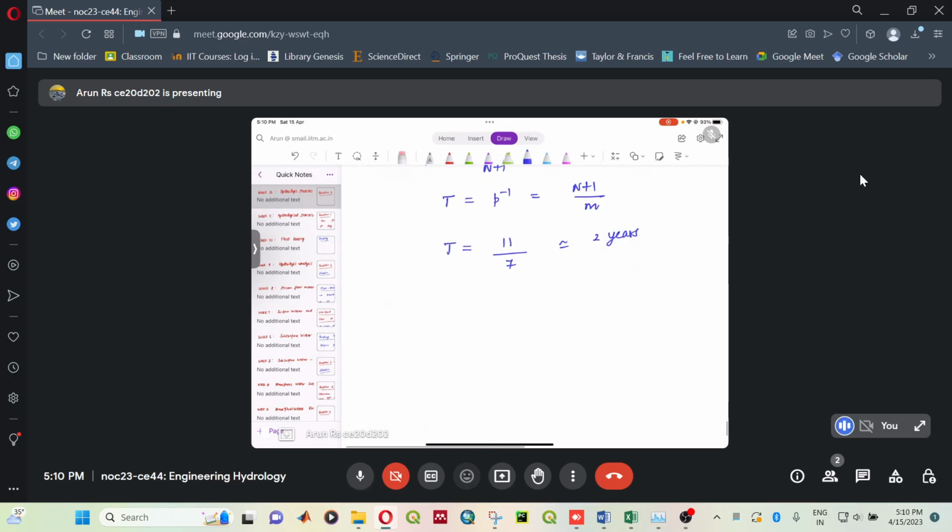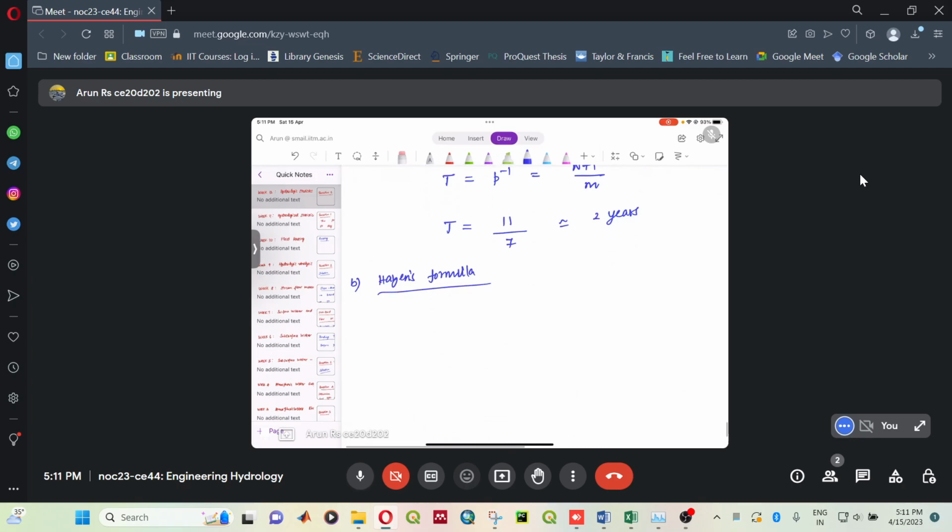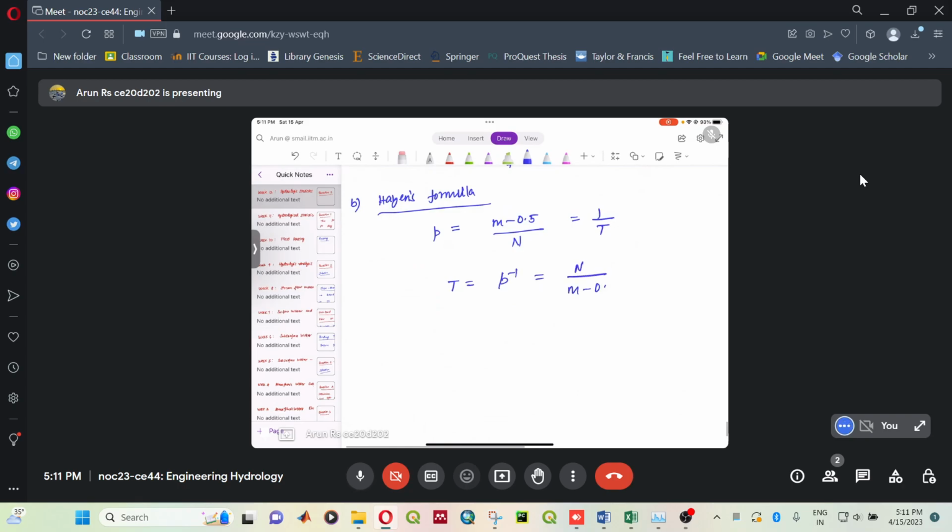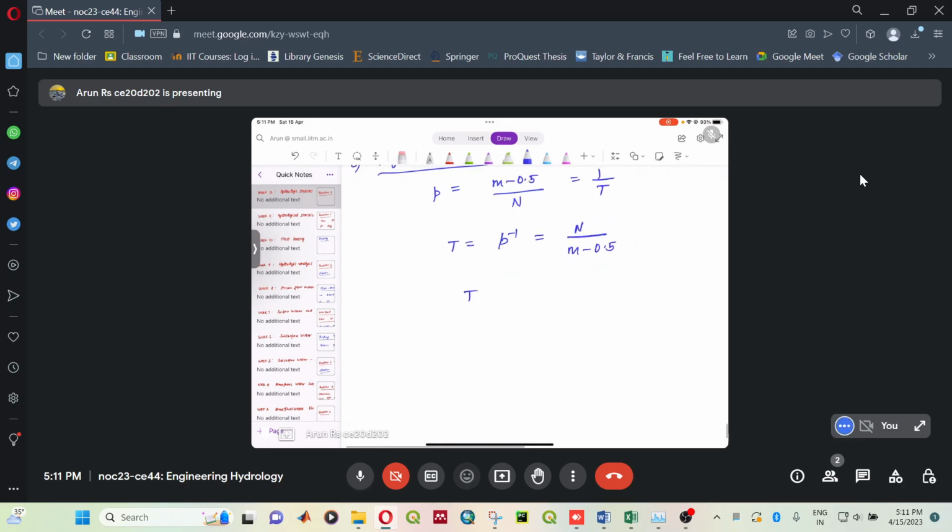And similarly, using Hazen's formula, probability is m minus 0.5 divided by n, which is equal to 1 by T. T is equal to P inverse, n divided by m minus 0.5. So T will be 10 divided by rank 7, 7 minus 0.5 is 6.5, and we can write it as 13 by 2.